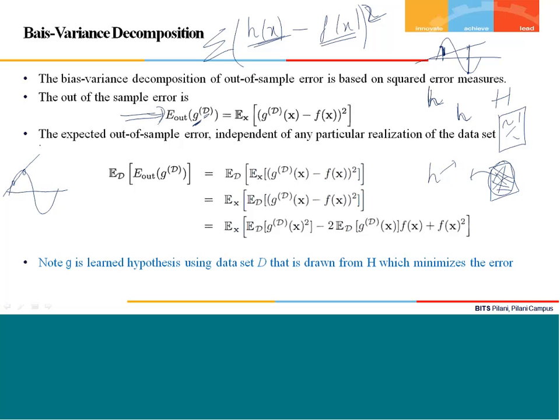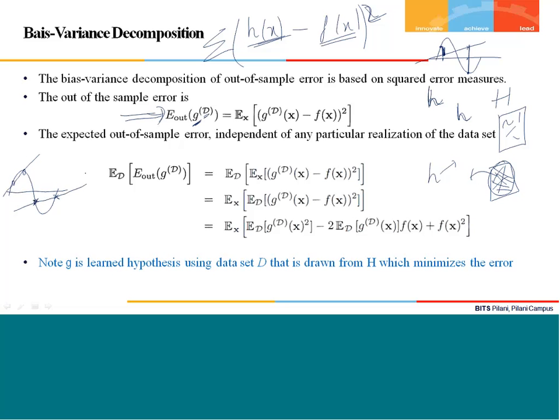Then somebody changes the data set and gives me these 2 points now and asks me to find the best line that is fitting. Because I don't know the true function, I have only a data set, and this time I am fitting the line to this data set, and this is the best line that I can get from this data. So every time I change the data set, my hypothesis will get changed.